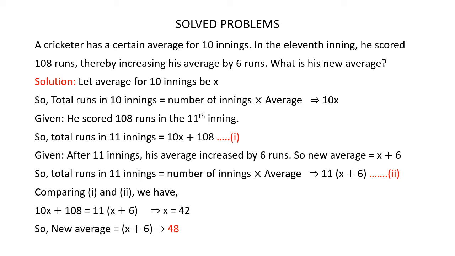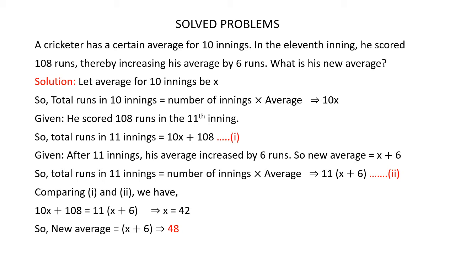So the total runs in 10 innings is 10x. Now it's given that he scored 108 runs in the 11th inning. So total runs in 11 innings is equal to 10x plus 108. This is the first equation. Now it's given that after 11 innings, his average increased by 6 runs.